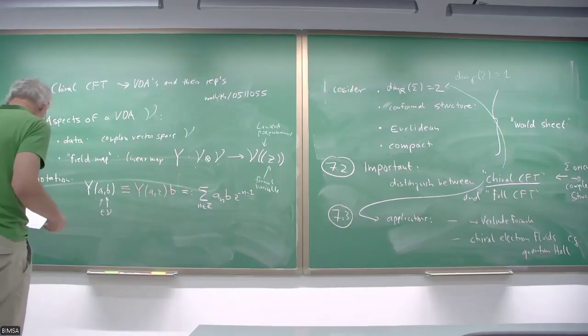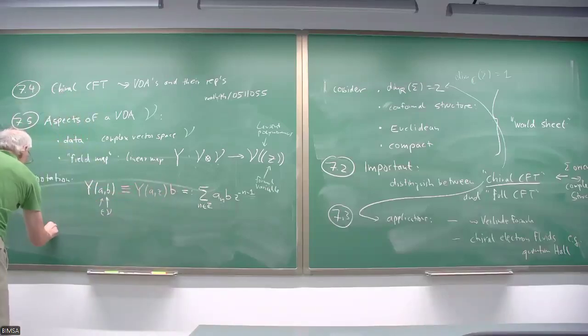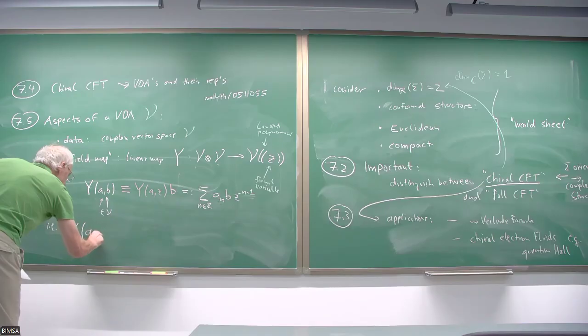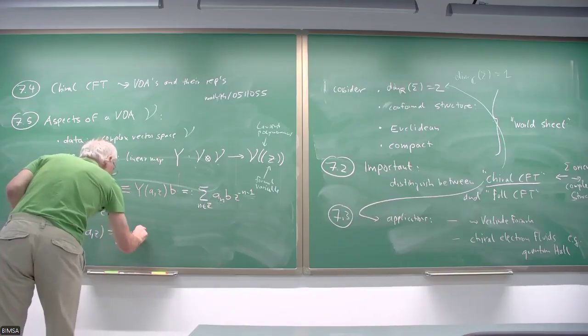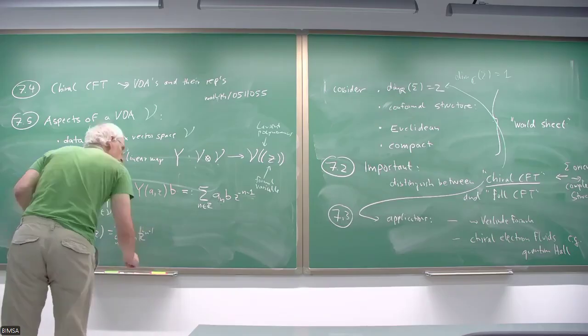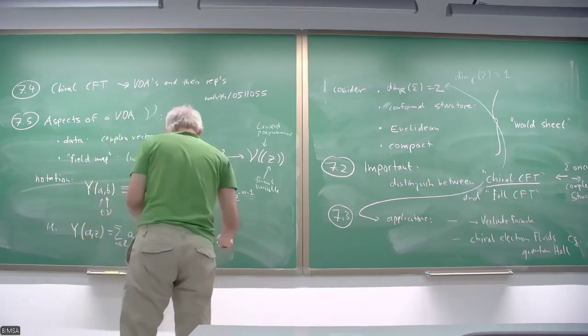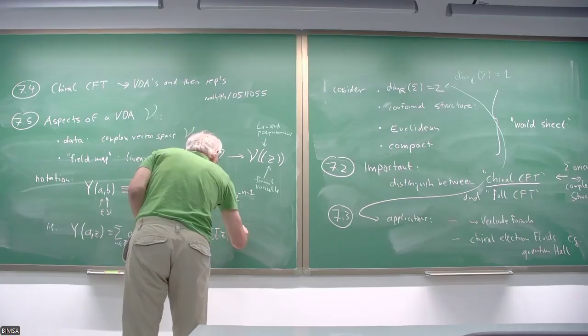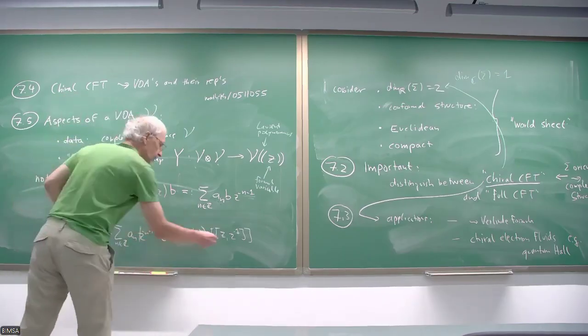And that in short, if I forget now about the b which I add, that means I say Y of a, z is a sum over n of a_n z to the power minus n minus 1, which is an element of the endomorphisms of V with arbitrary power series in general in z and z inverse.